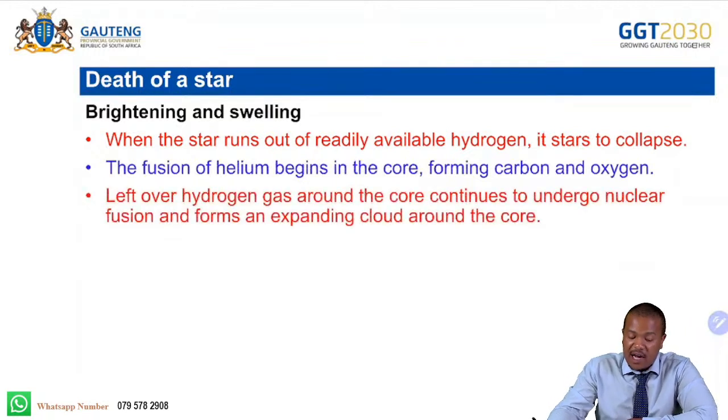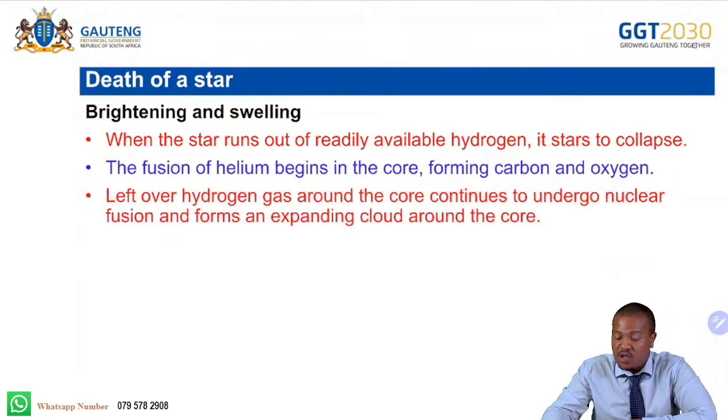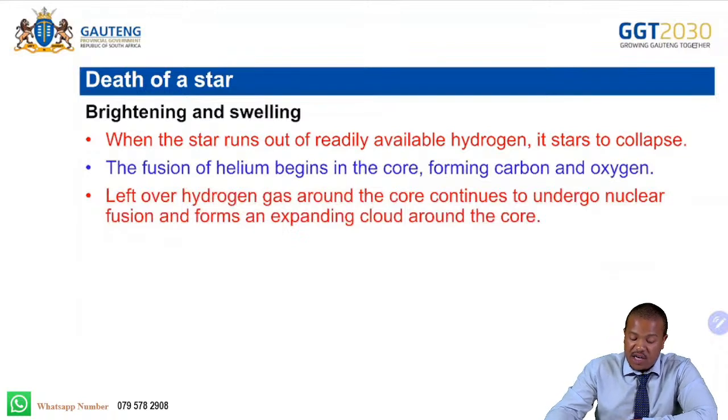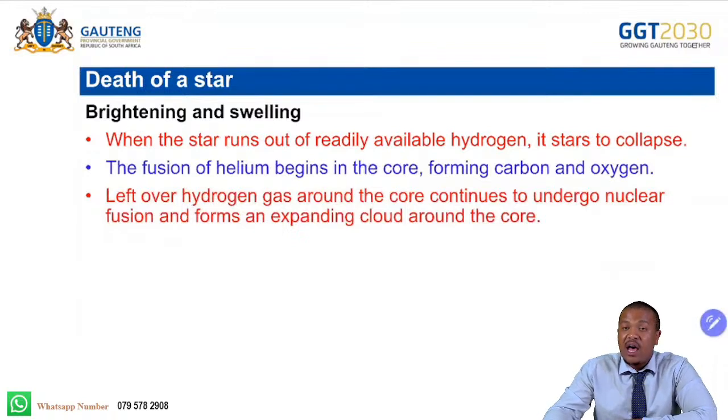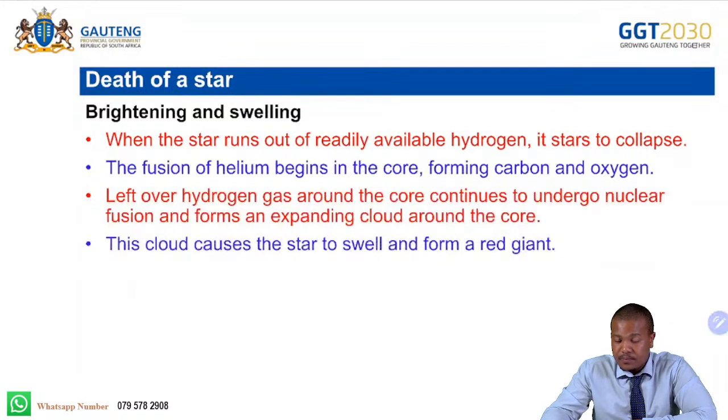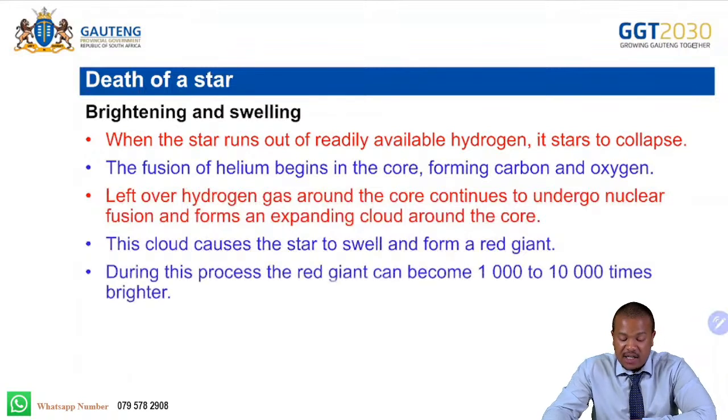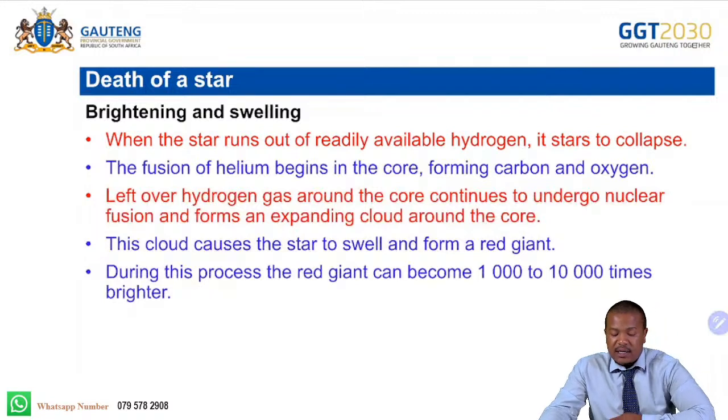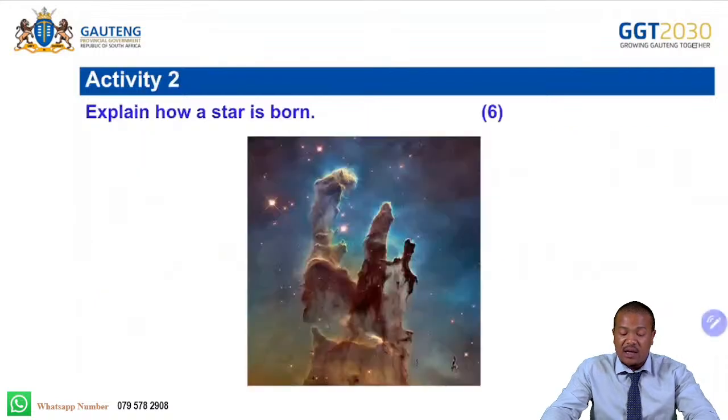Leftover hydrogen gas around the core continues to undergo nuclear fusion and forms an expanding cloud around the core. This cloud causes the star to swell and form a red giant. During this whole process, the red giant can become 1,000 to 10,000 times brighter.